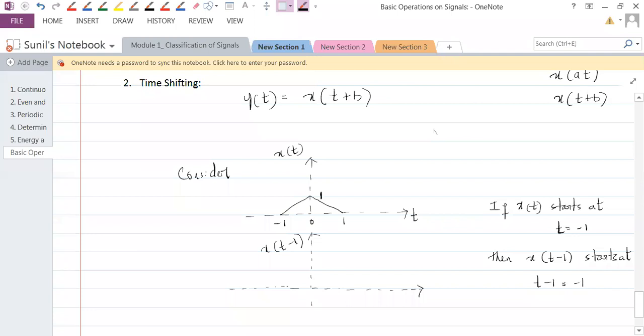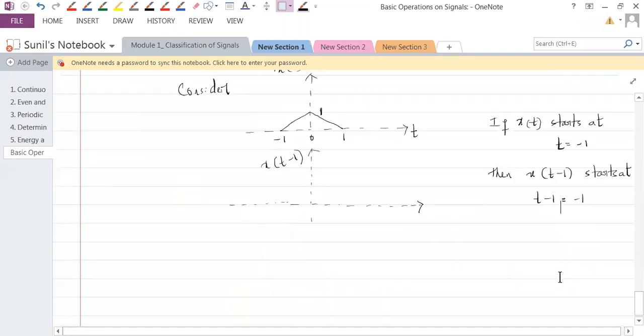This is very important. So what t is that?